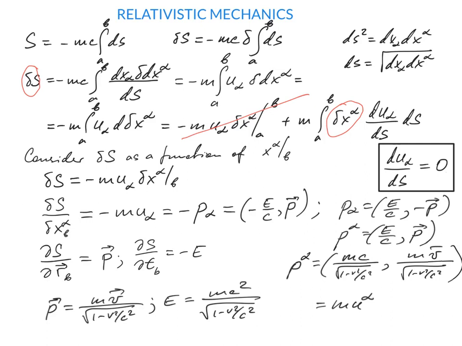Now, the relation between the energy and momentum that we found before can be written as p_α p^α equals m squared c squared. Notice that because energy and momentum are time-like and space-like components of a single 4-vector, that means that under Lorentz boosts they mix with each other.